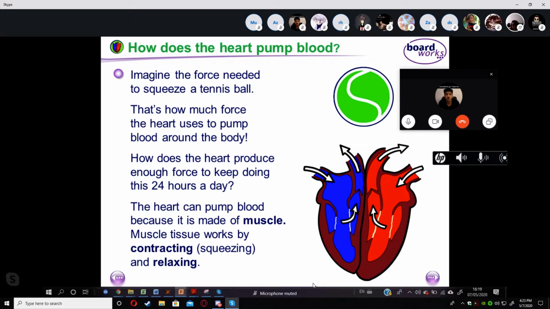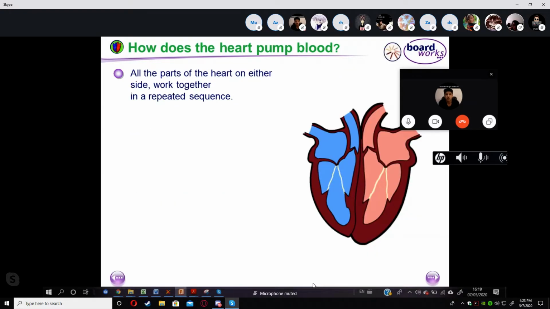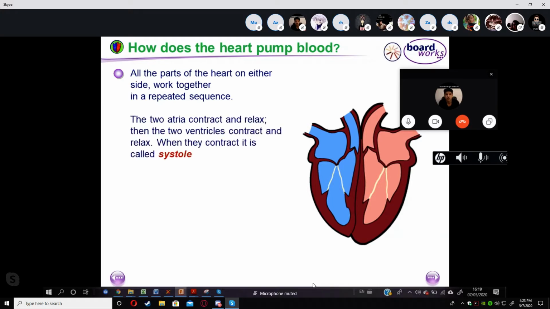The heart can pump blood because it is made of muscles which contract and relax, okay? So when the two atria contract and relax, the two ventricles contract and relax. When they contract, it is called systole, and when they relax, it is called diastole.